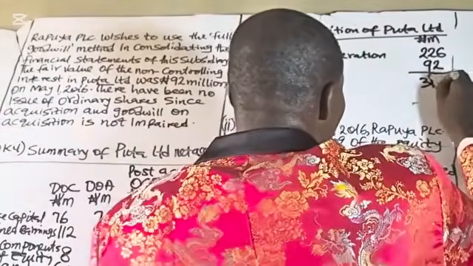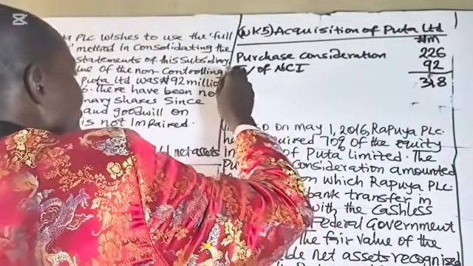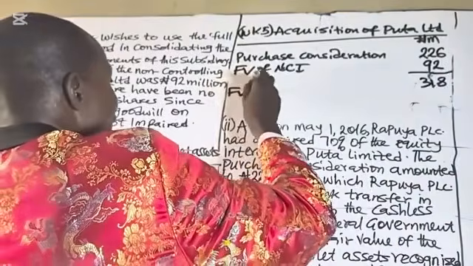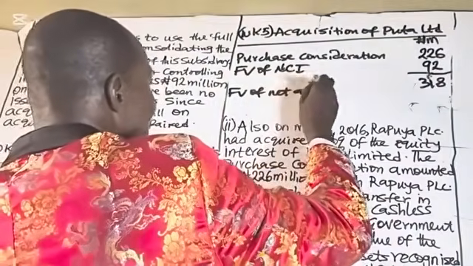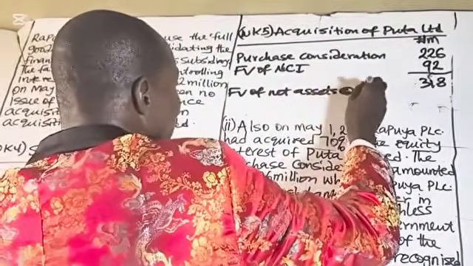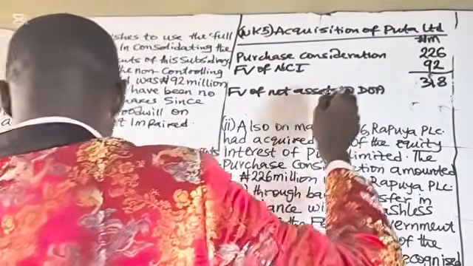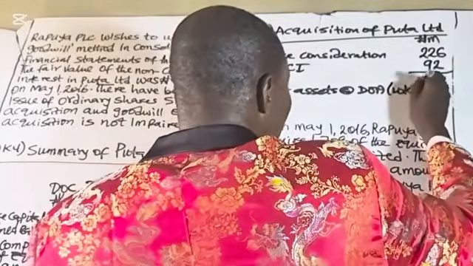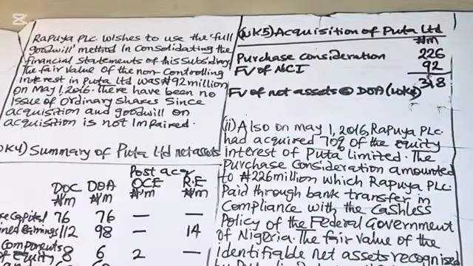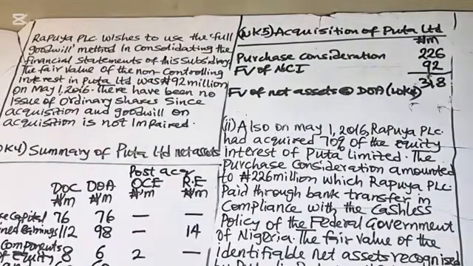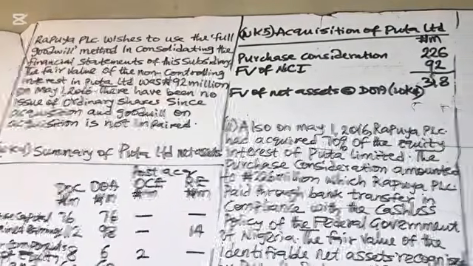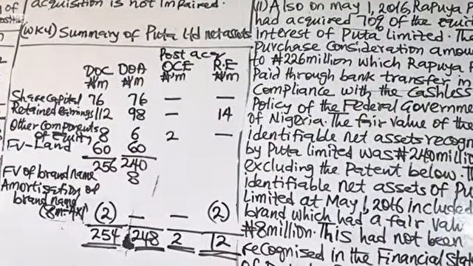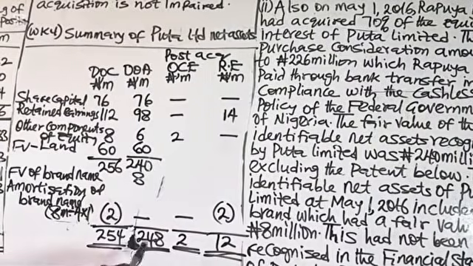318 million. From this, we now subtract the fair value of net assets at the date of acquisition, and this was obtained from working number 4. That amounted to 248 million naira.